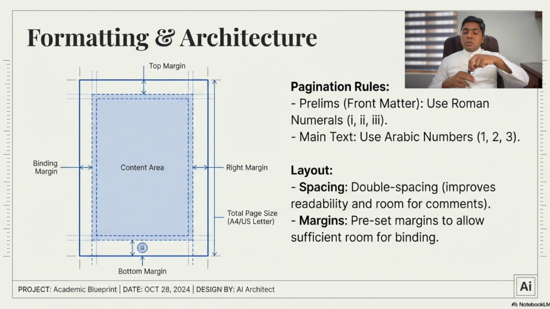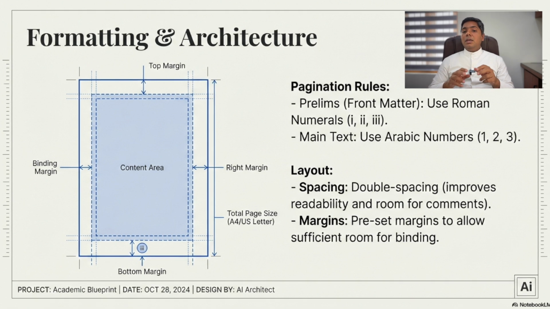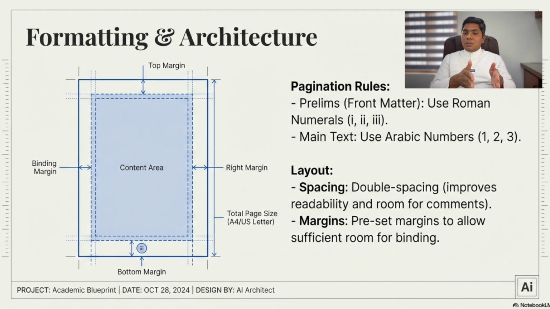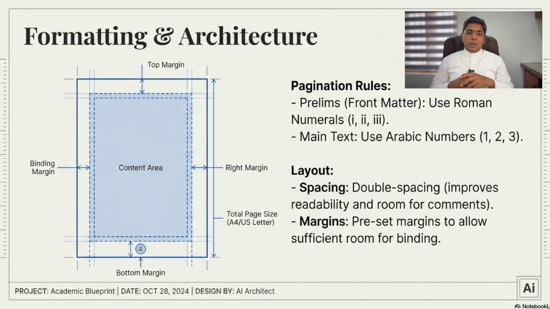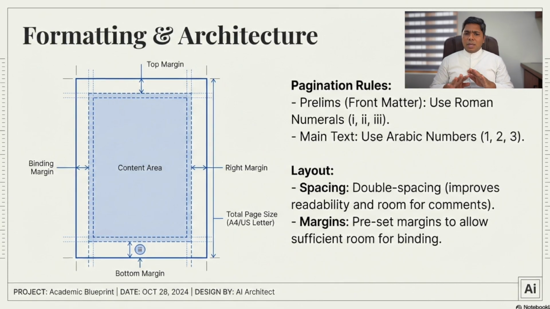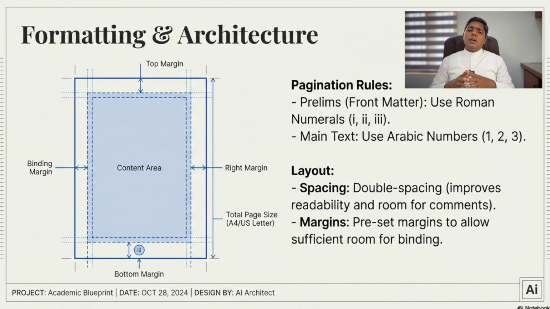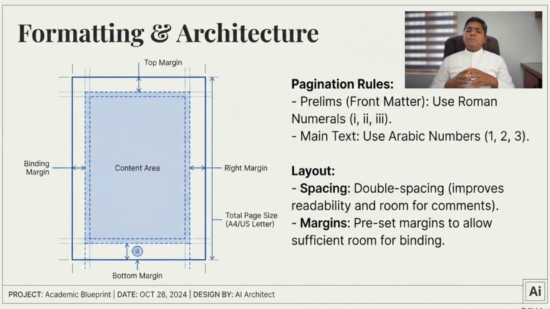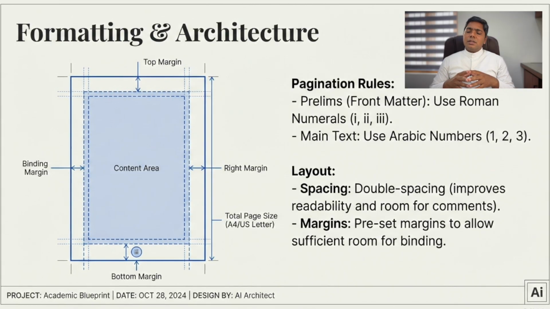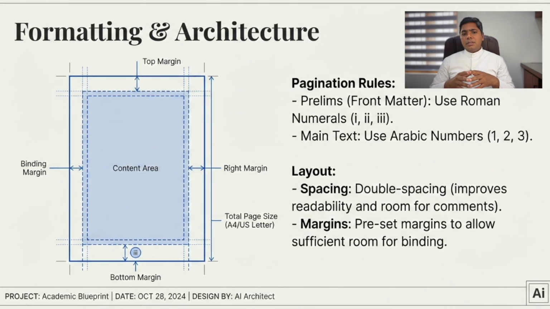And then switch to Arabic numerals 1, 2, 3, starting from your first chapter and continuing through your references and appendices. Your word processor can handle this if you use section breaks correctly. So please do that when you are formatting the dissertation.